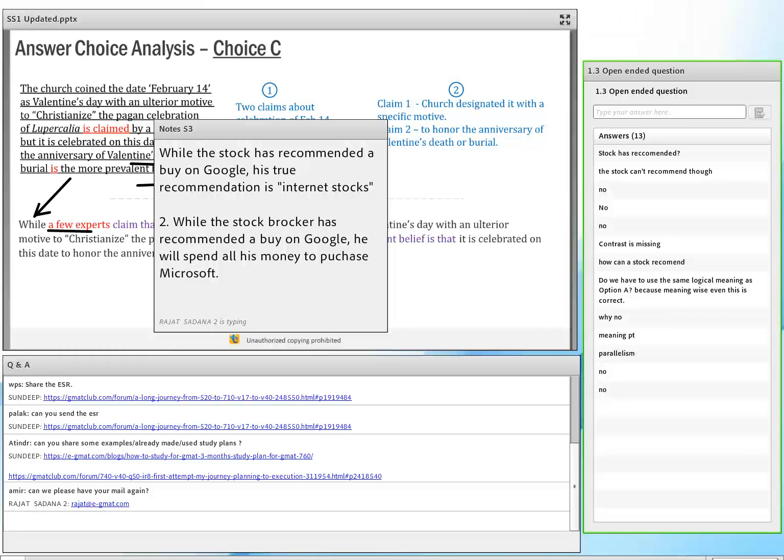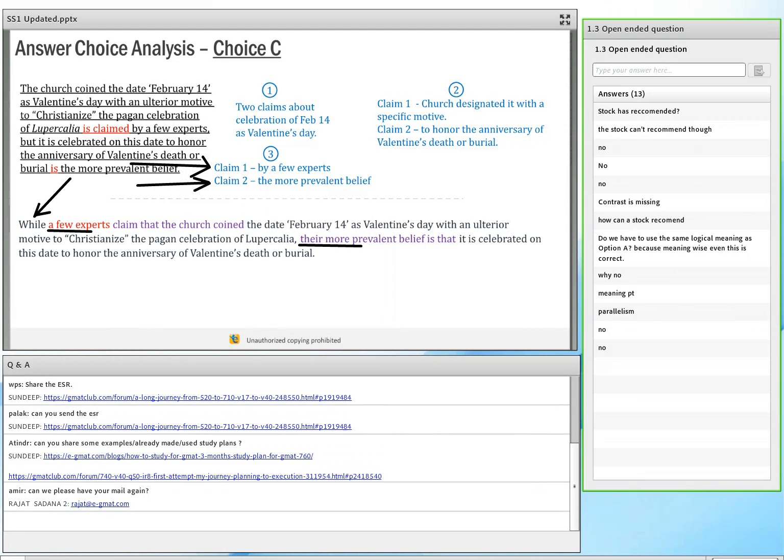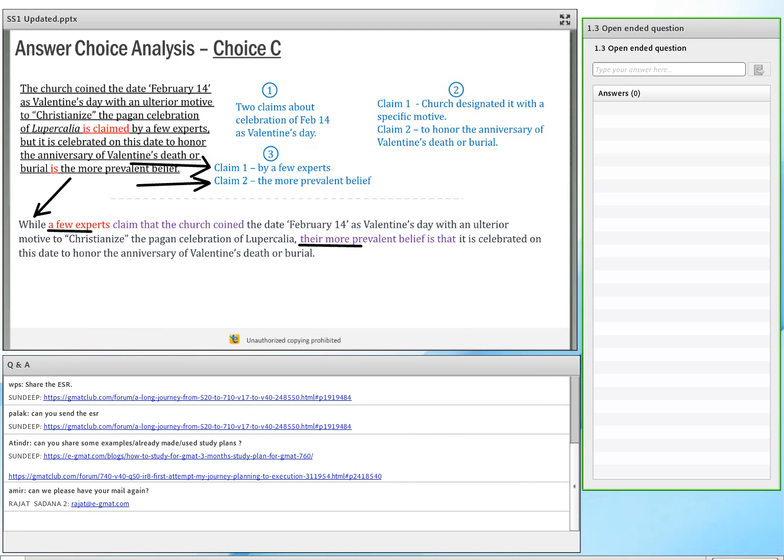Sorry, the broker needs to be there. Yes. It communicates the meaning perfectly over here. What I'm trying to say is when you look at the while piece over here and you say there is no contrast, there is. While they claim this, their belief is this.